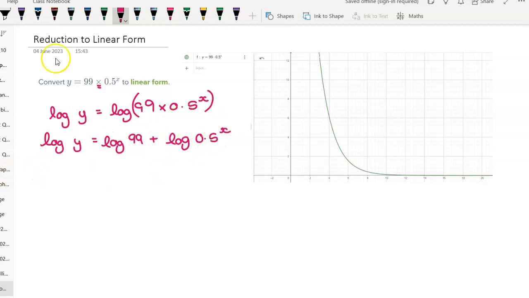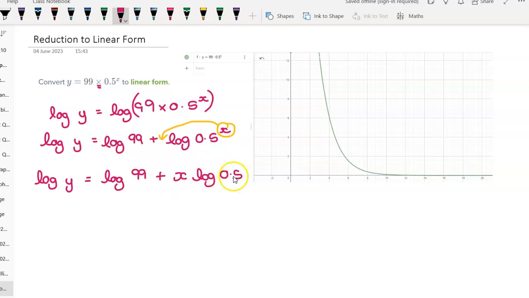And then I'm going to bring that power of x forward, because I don't like it being over there. And this gives you the log of y equals log 99 plus x times the log of 0.5.